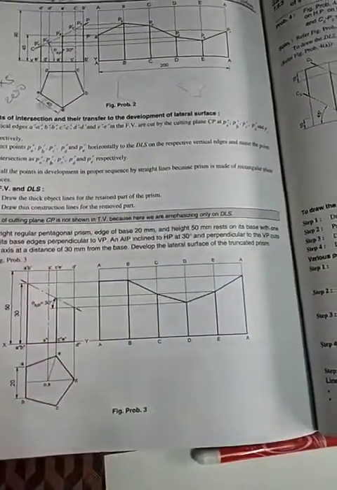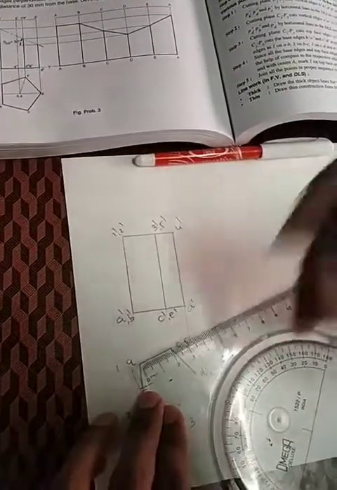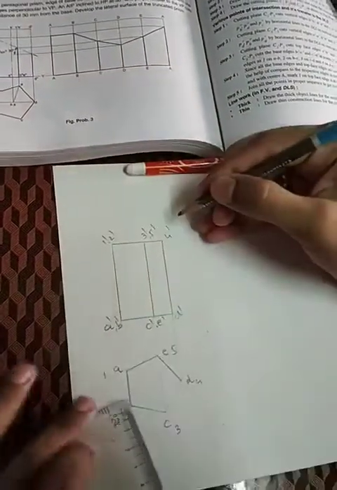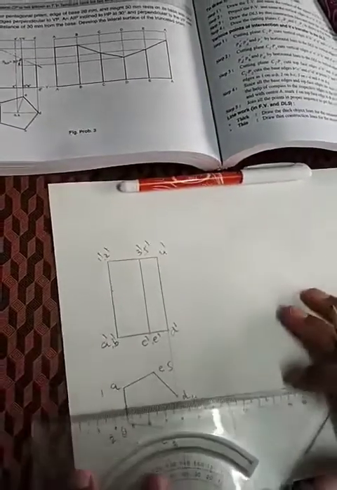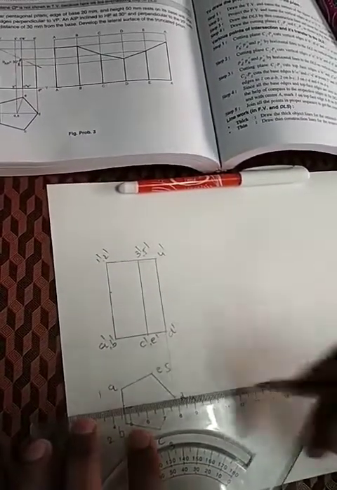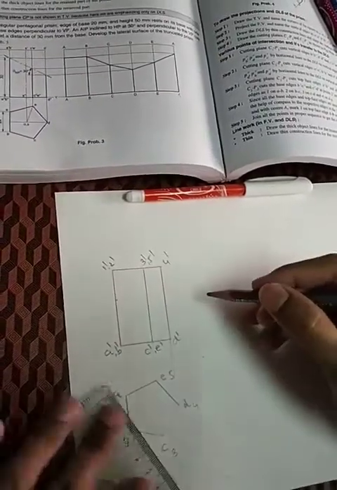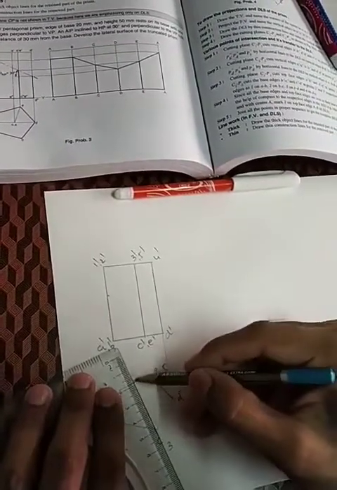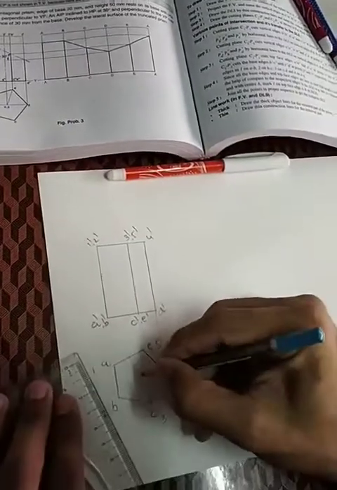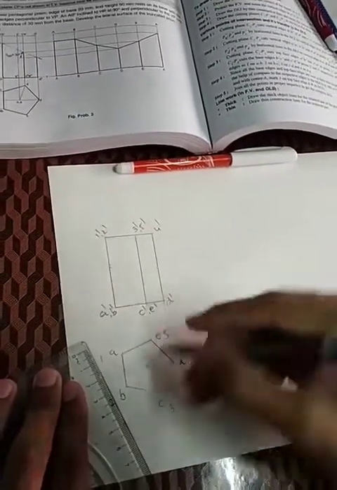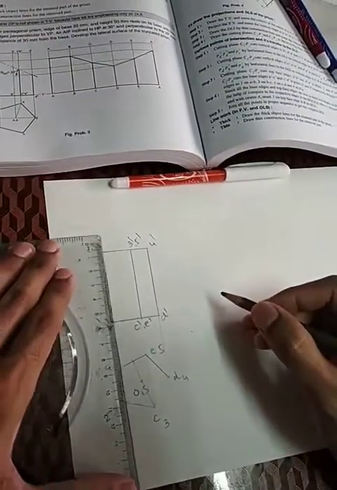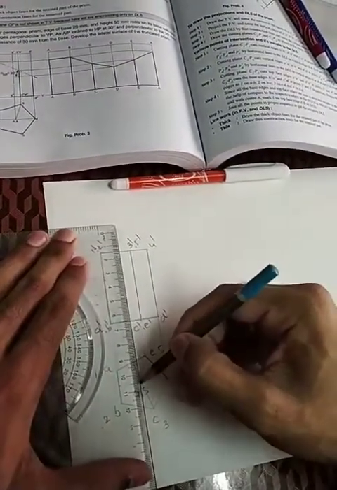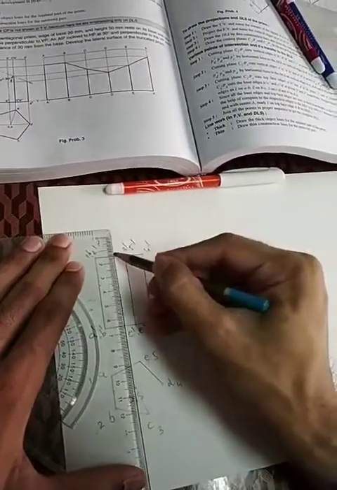So it is cutting the axis, so we have to find the axis first. Take the midpoint of this point and join it with the opposite corners. So this is my axis, I'd say O and S point. I have to draw the projection of O and S just like this. So this will be a center line.